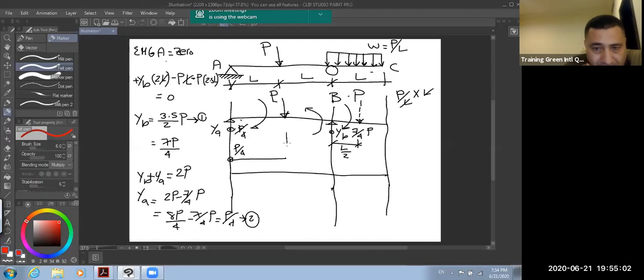The load B is coming down here: up B, down B. So here B over 4, and here is 3 over 4B. Correct? Okay. Straight. The reaction here is 7 over 4B. So this is B, and here is 3 over 4B.